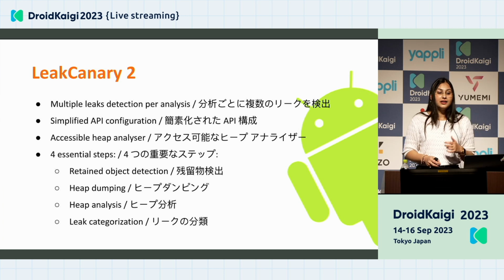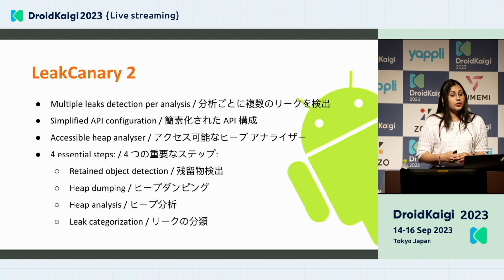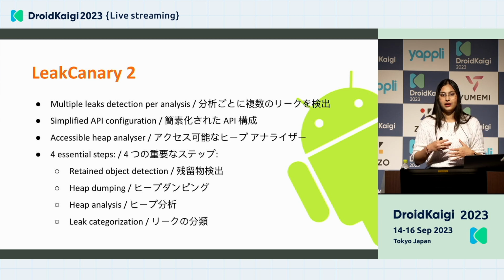Not only that, you can detect multiple leaks in one analysis, and you can even group them together per leak type. Not only that, the APIs are simplified now. You can add it to the configuration, and it gives access to the new heap analyzer, which itself is rewritten from scratch and uses 10 times less memory.